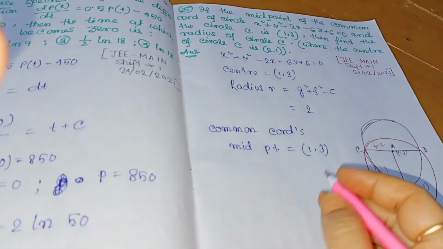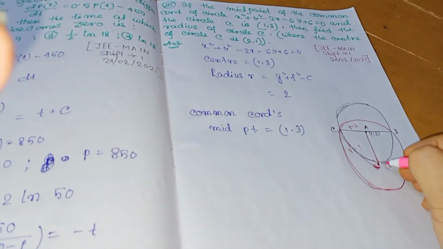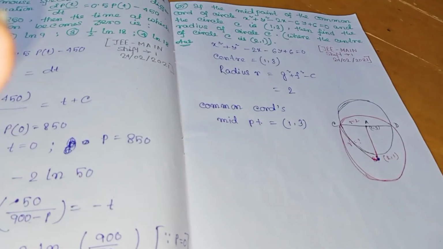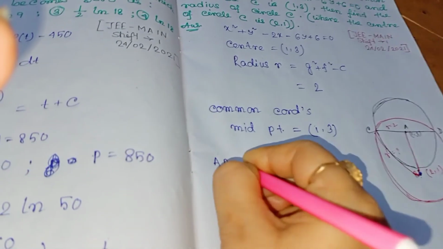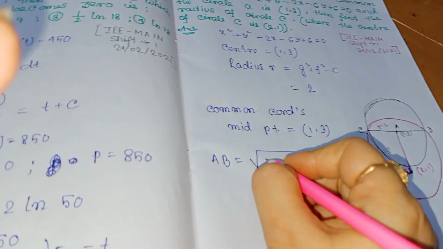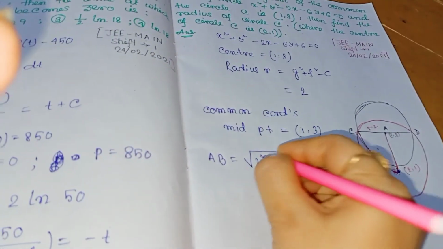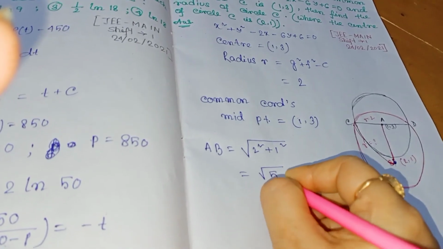At first we should know the value of AB, as it is the distance between the centers. AB is equal to root of 2 square plus 1 square, that is equal to root of 5.